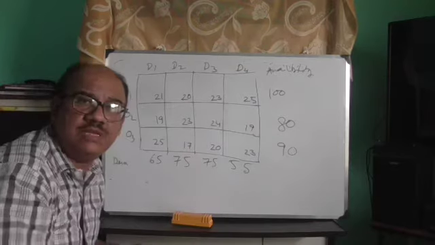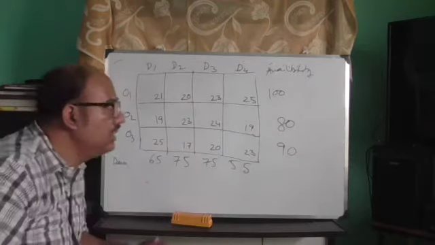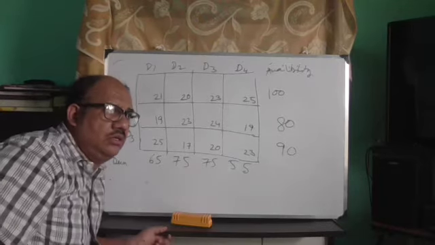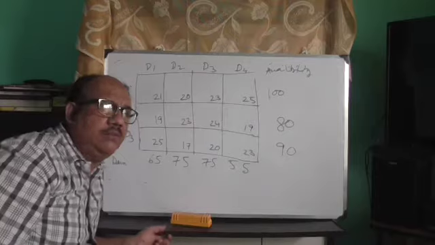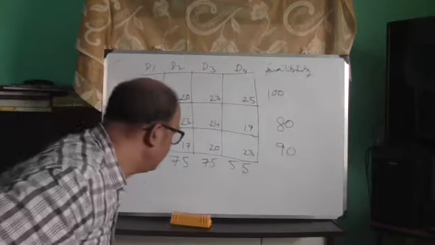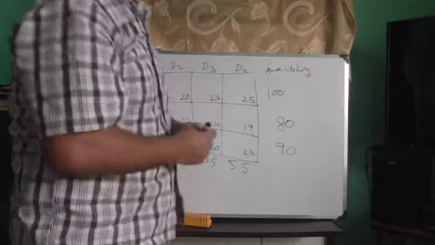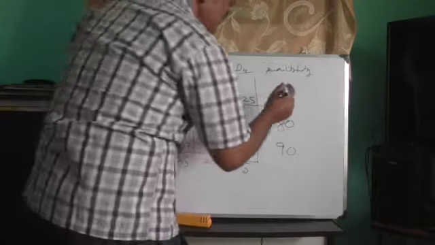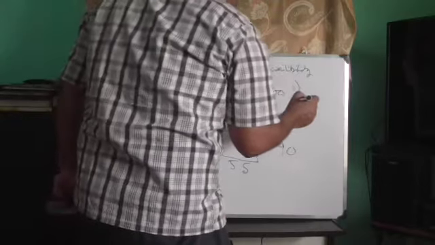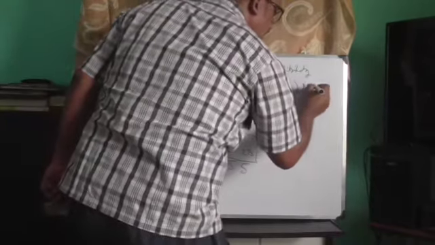The second step is to find the initial basic feasible solution for the transportation problem. The initial basic feasible solution can be found using three methods. One is called the northwest corner method.